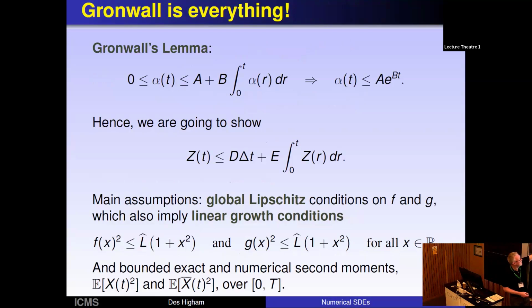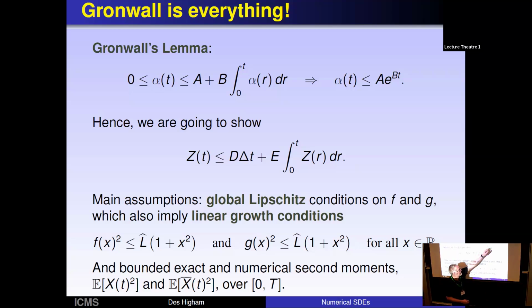If you have, under appropriate conditions, some function depending on time, alpha of t, and you can bound it in this way, where there are constants a and b, you can bound alpha by a plus b times the integral of alpha up to time t. Then you can deduce this inequality, that you can bound alpha by this exponentially growing quantity. And Gronwall is really the only thing we have going for us when we find this kind of proof. So everything tends to rely on some version of Gronwall's inequality.